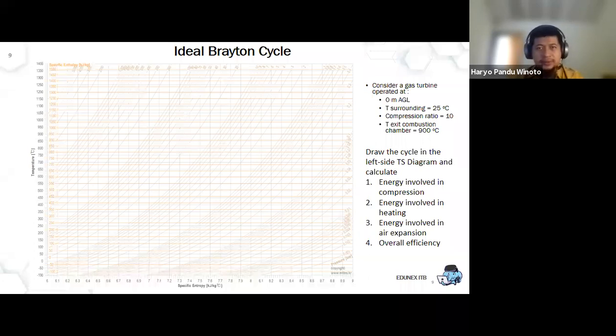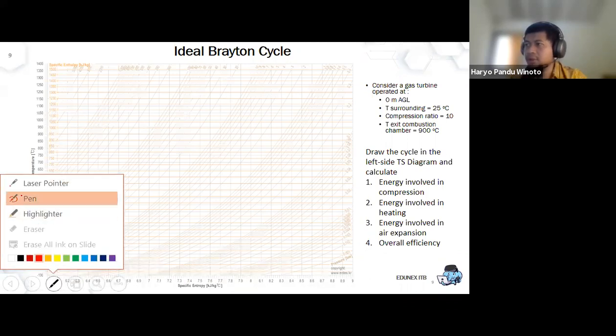Done. Downloaded it. Okay, so now let's work with the cycle. It's always related to the cycle. When we are working with the ideal Brayton cycle, we always keep in mind 3 steps.